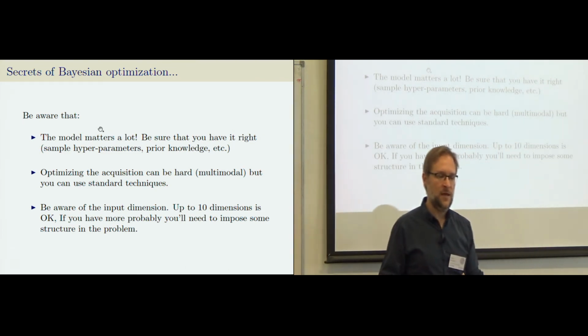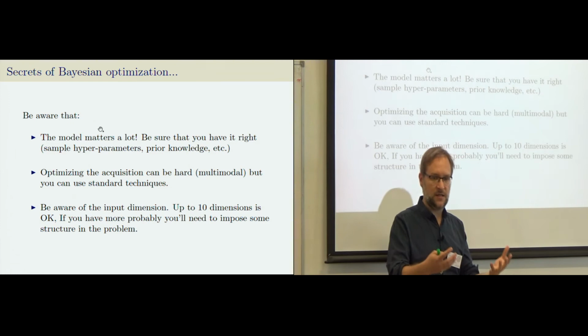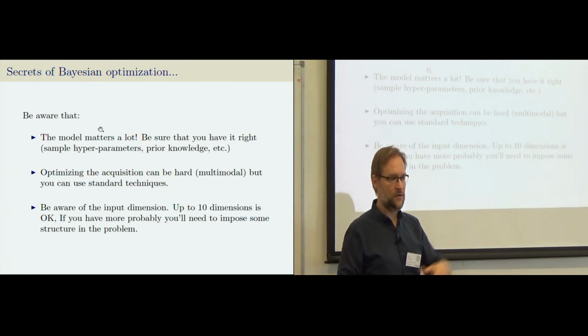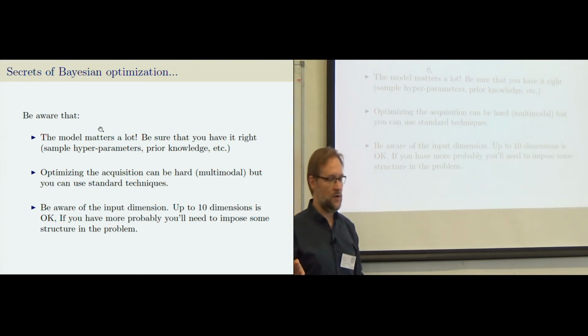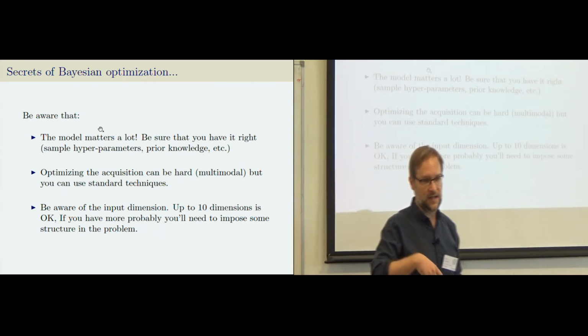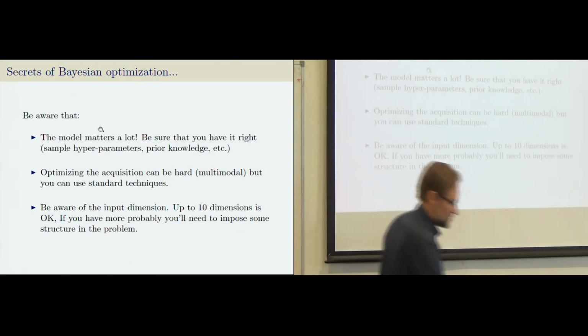That structure may come from more structure in the model, using some semi-mechanistic model that reflects the domain application in which you are applying the method, or it may come because you simply find ways of collecting more points, like parallelizing the way you collect the evaluations.